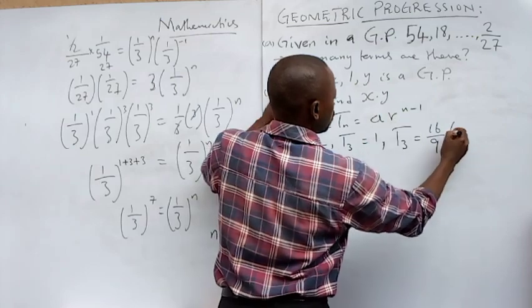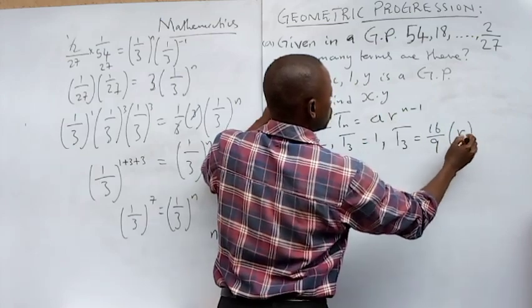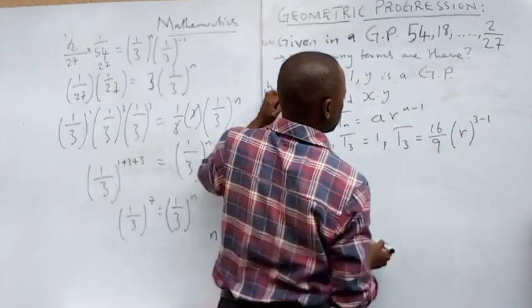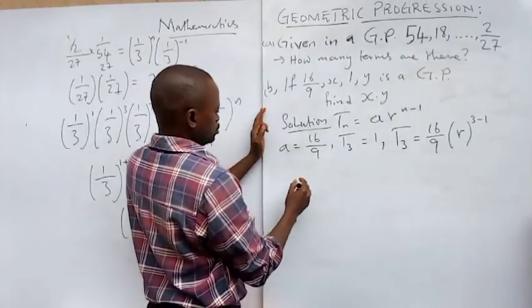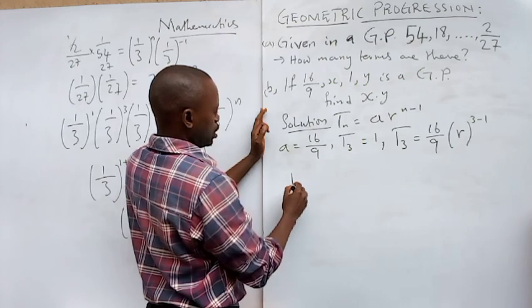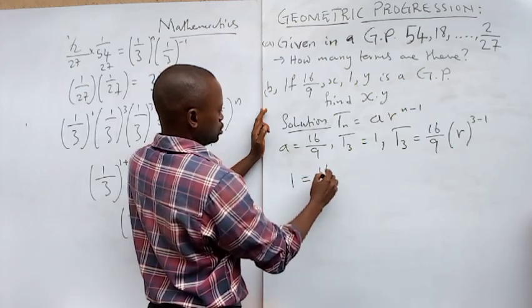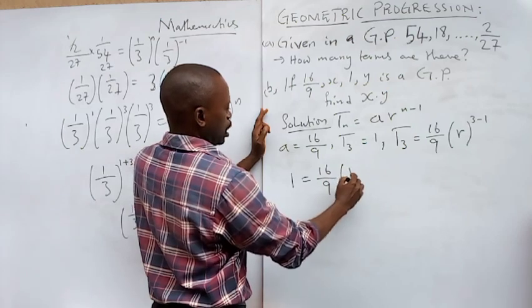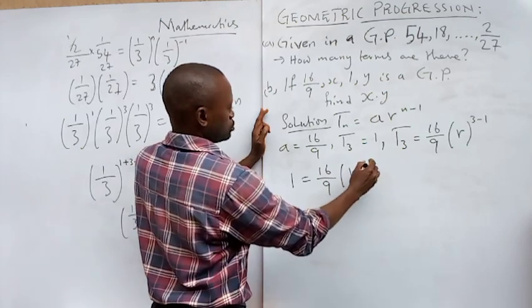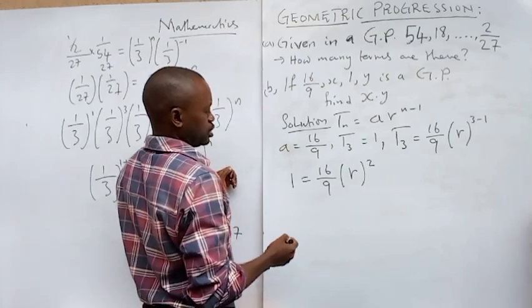Then the common ratio, not known, raised to power 3 minus 1. I'm sure that is very clear. So I can make this substitution here for T3. So T3 is 1. So I will say 1 is equal to 16 over 9, then into R raised to power 2. Okay? Do we get that?